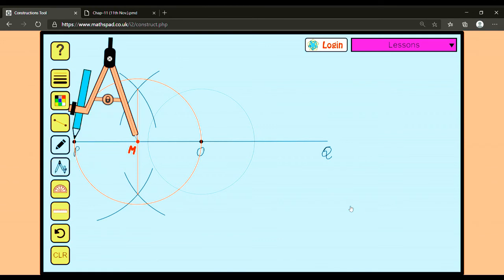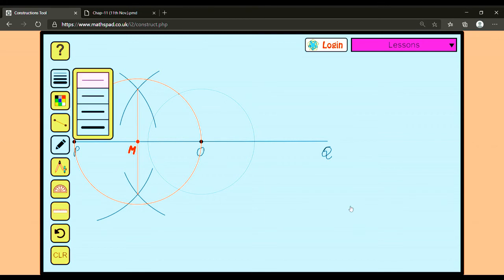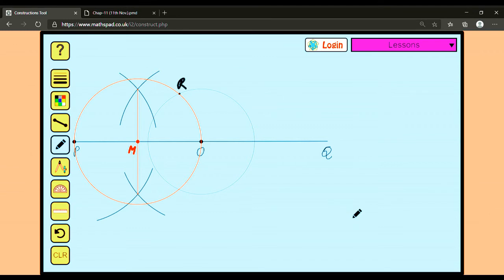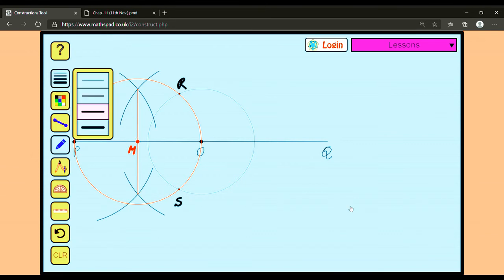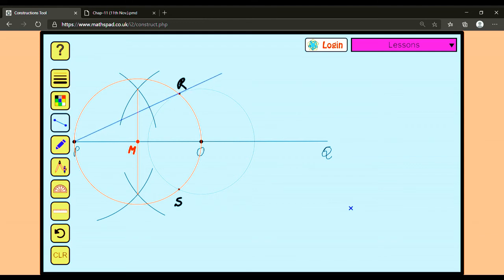We already have Q, so let's name them R and S. So this point can be named as R, and the second point of intersection can be named as S. Now we need to join point P with these points of contact. And here we have two tangents from point P.